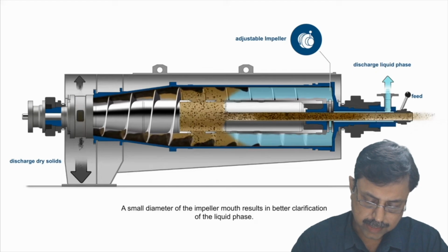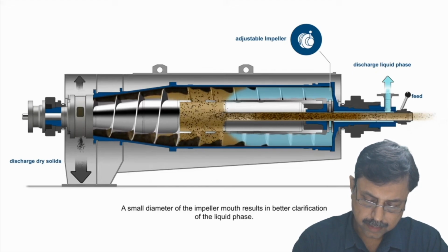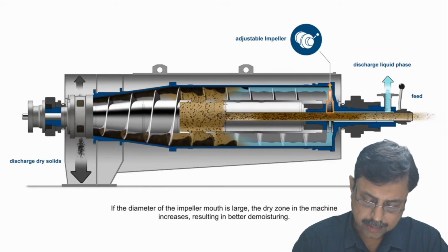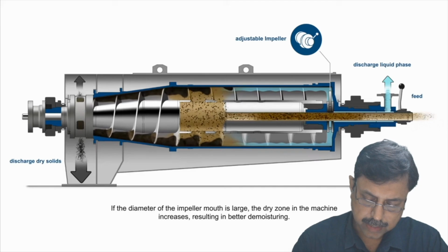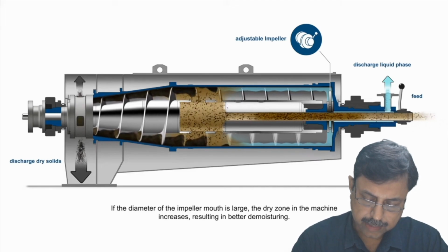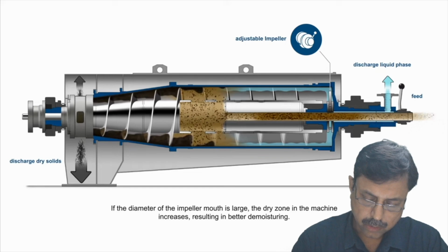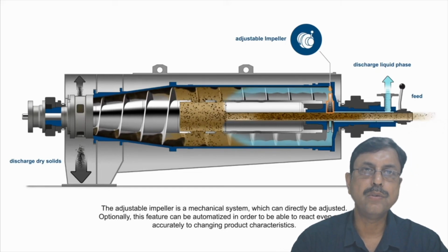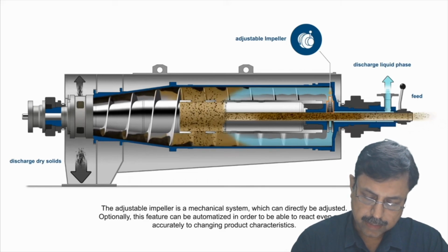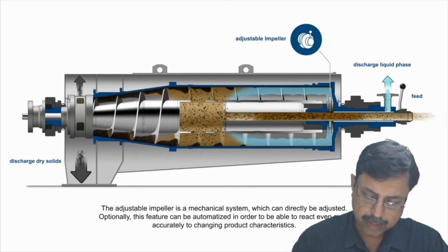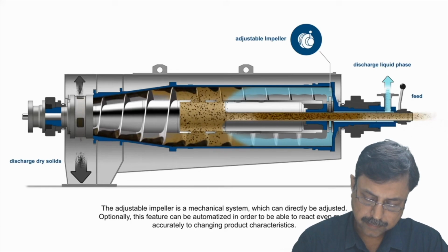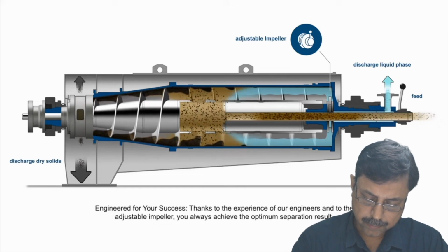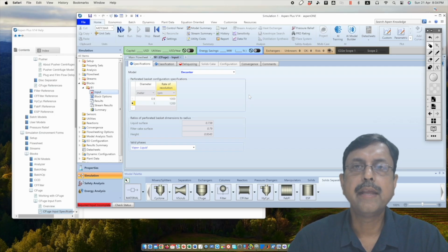Solid is getting discharged at this end. And there is an adjustable impeller, and this impeller controls the liquid level. And this liquid level is very important. Although we are saying liquid level, actually it is annular. The liquid level is annular. Okay? And this adjustable impeller controls that liquid level. So that's a decanter type.